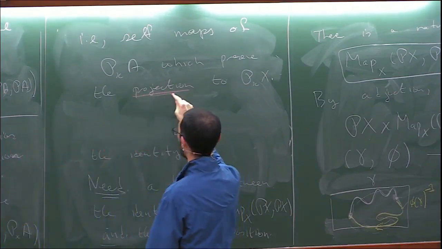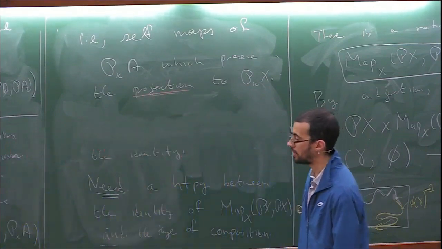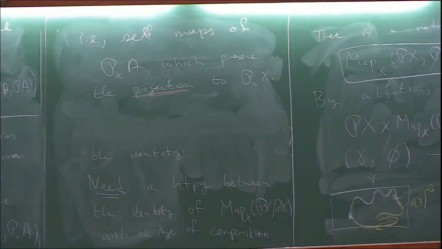What do I mean by the projection? This is an inclusion. The paths which lie on A include in the paths which go through the whole space. So if you define this naively without the quotation marks, there's only the identity, because if you preserve the projection to this, then you're not allowed to move at all.